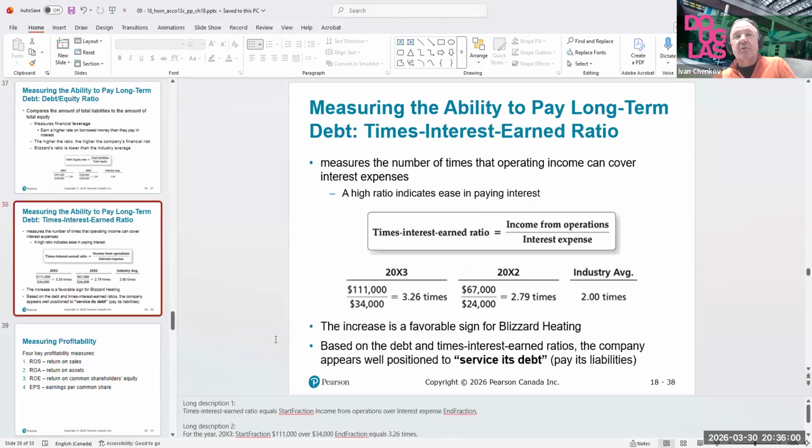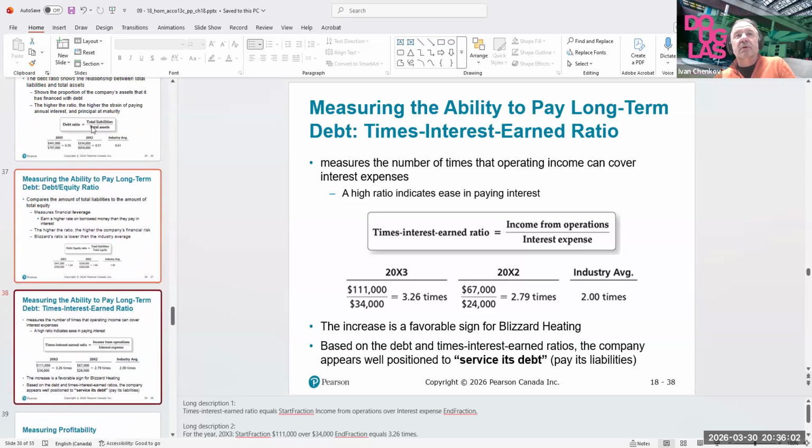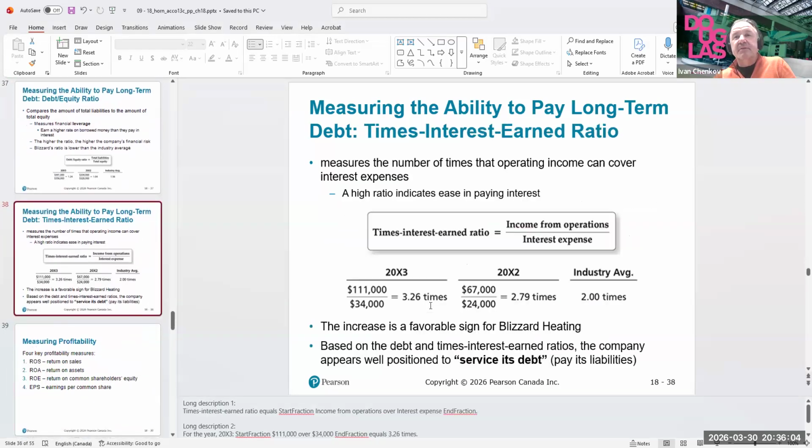Well, it's because probably the debt is cheap and you have a better business model. That's why you start generating even more income with the increase of your interest expense by $10,000. So in that case, you can service your debt and you're fine. Let's go for a break now and finish with the last ratio after that.